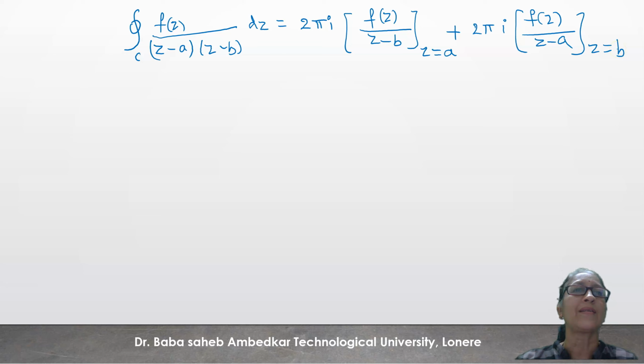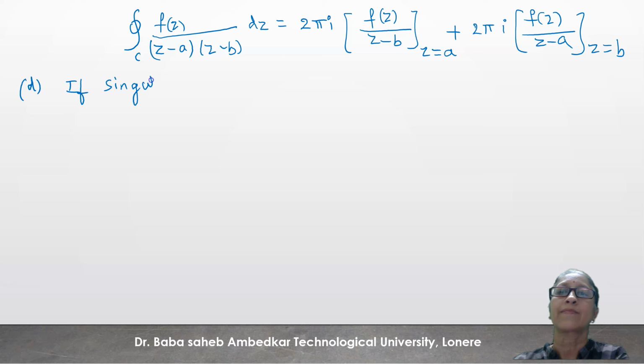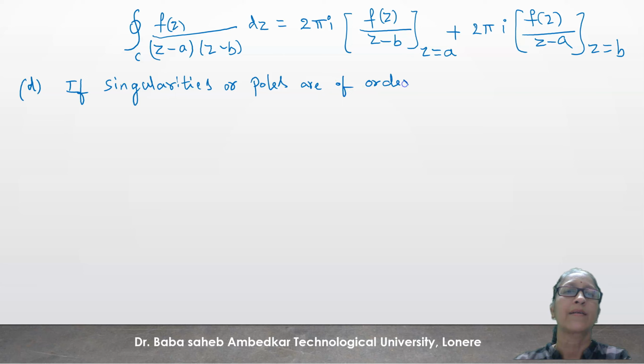So using this you can find the integral. Now the fourth case is if the singularities or poles are of order 2 or more. The order of these poles is more than 1, that means 2 or more.